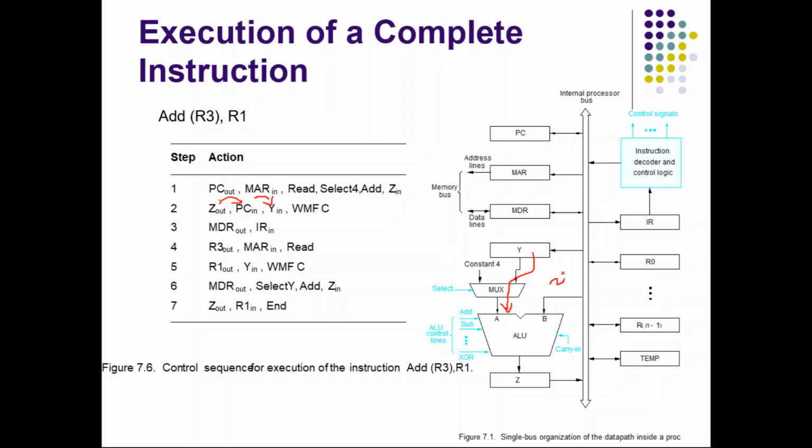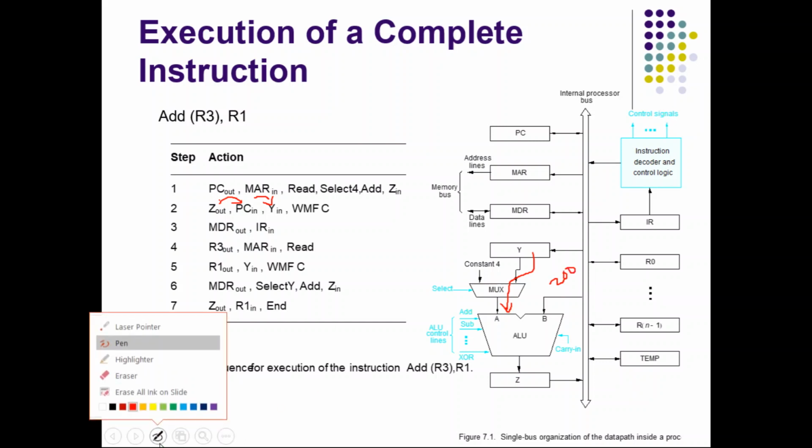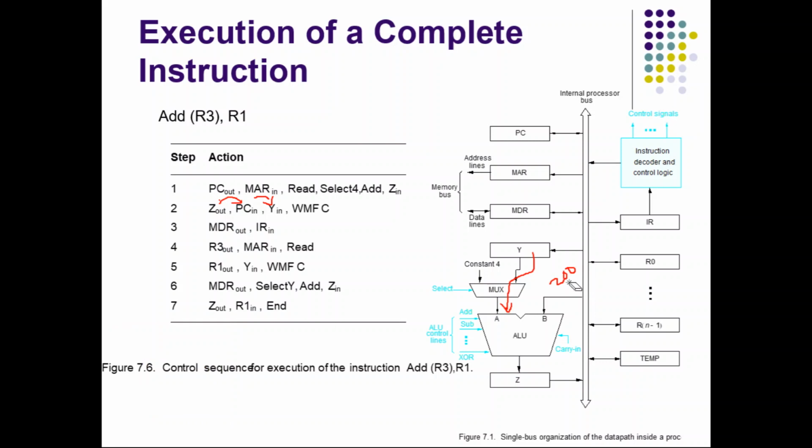So this will be 46, and through Y what you are getting is 2004. As a result, what you will get is 2050.